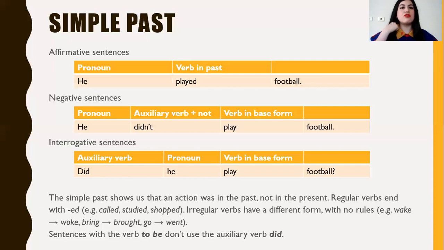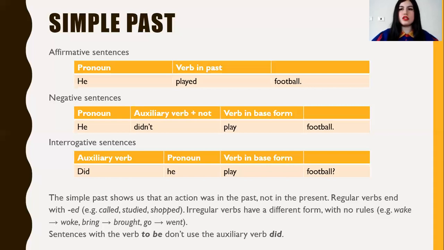And an exception for this one will be sentences that use the verb to be. For example, instead of using he didn't be tired, it will have to be he wasn't tired. They weren't happy.